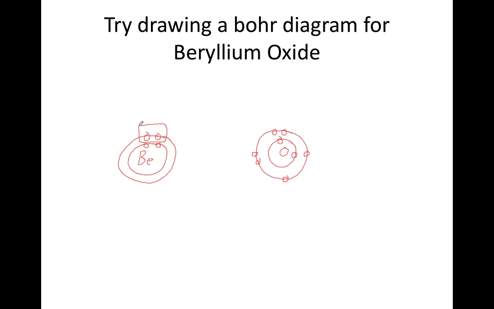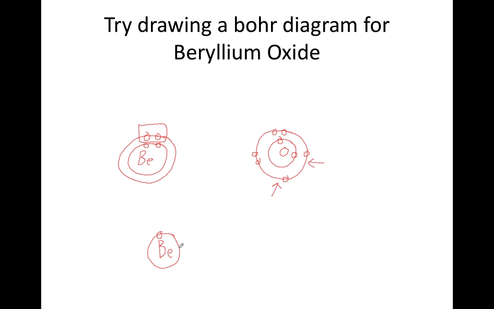It's going to give away 2. And oxygen needs to gain 2, 1 here and 1 here, to have a full outer shell. So you don't have to draw any more beryllium or oxygen atoms. You're just going to take the 2 electrons from beryllium and transfer them to oxygen.